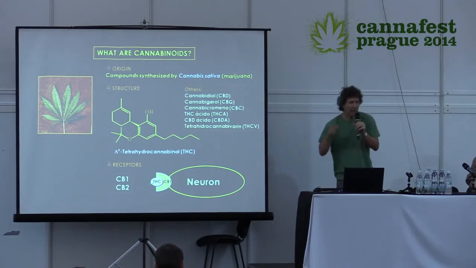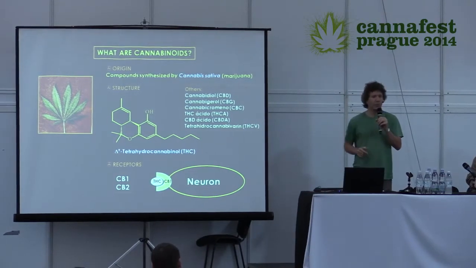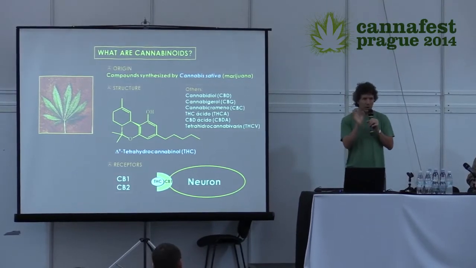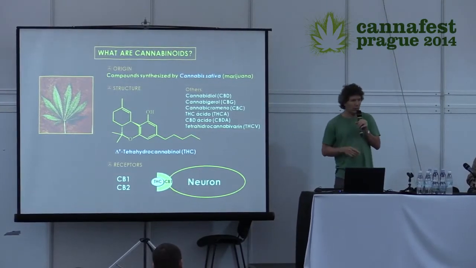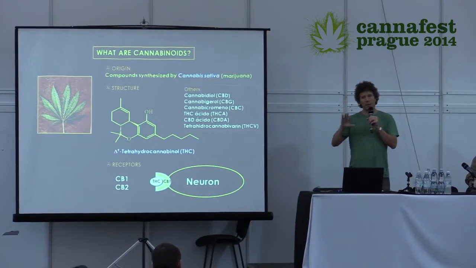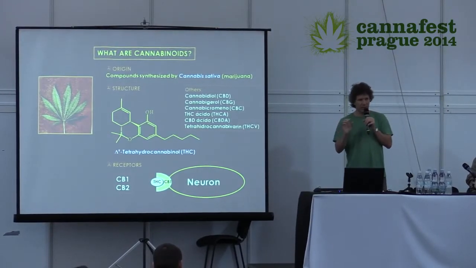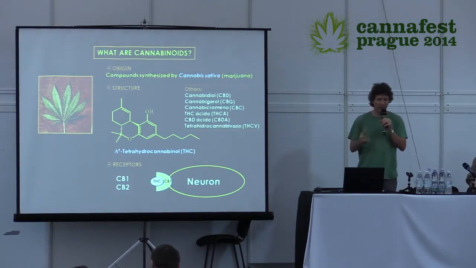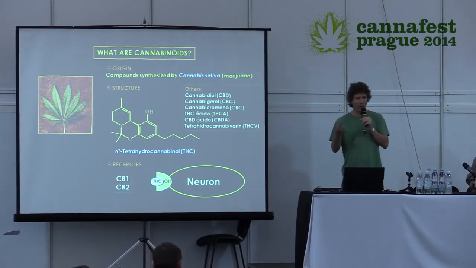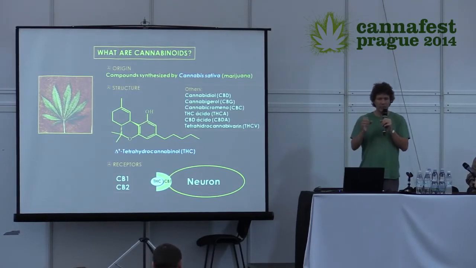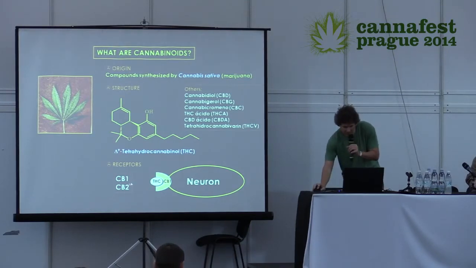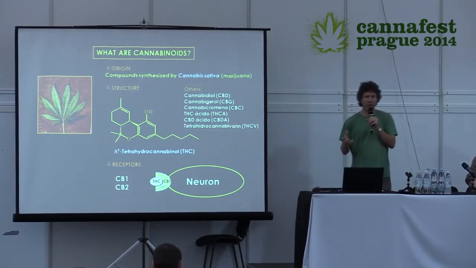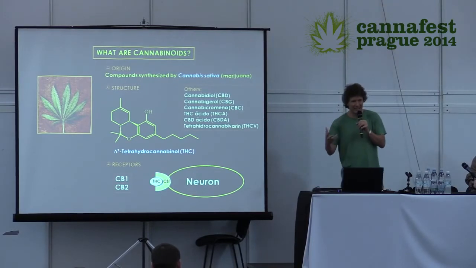And THC, like a key within a lock, can be recognized by this particular receptor. So what we can conclude from this is that only the cells of our body that have these locks for THC, for the key, are responsive, can recognize cannabinoids, whereas the neurons or other cells in our body that do not have these sensors, these receptors, cannot recognize THC, and therefore they are not sensitive to THC.